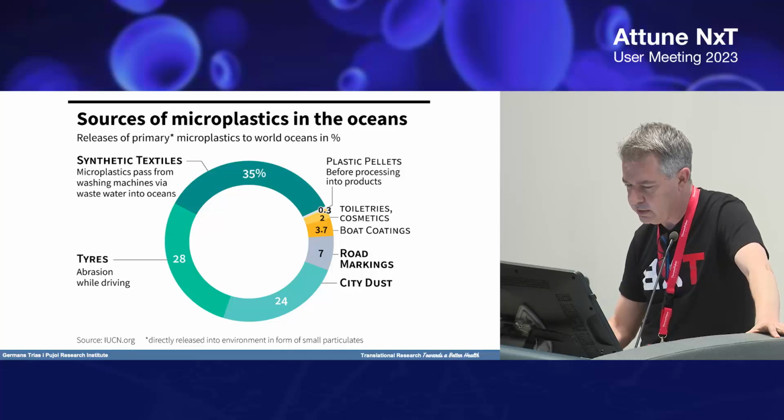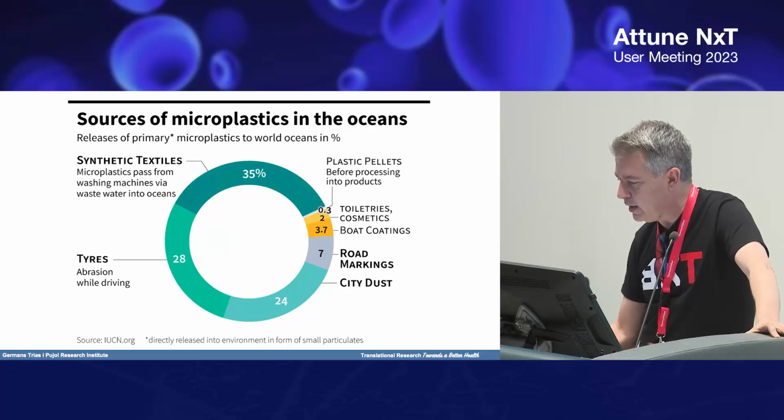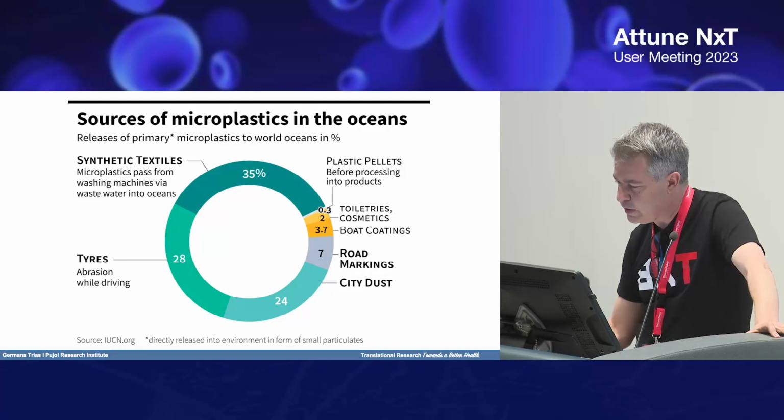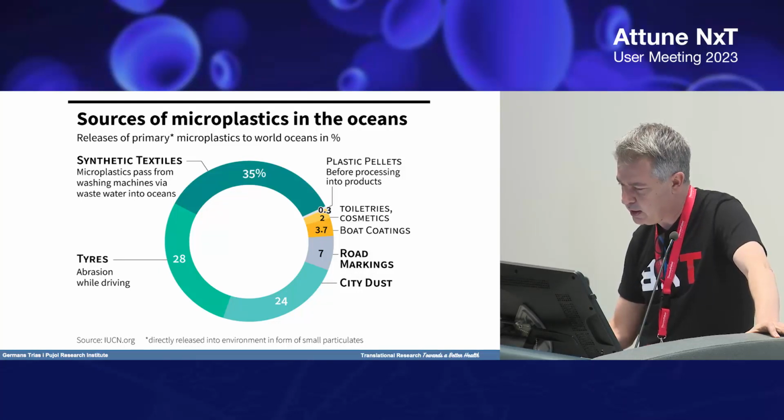These are the tires that are degraded. Also, the city dust in the industrial zones, the road markings, the boat coatings, and only a small part, when compared with the vast majority of plastics that we are sending to the ocean, is related to this single-use plastic that we are daily manipulating.